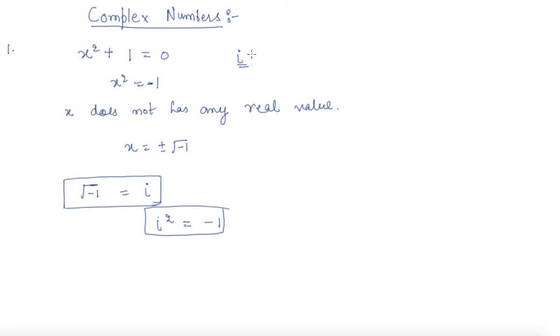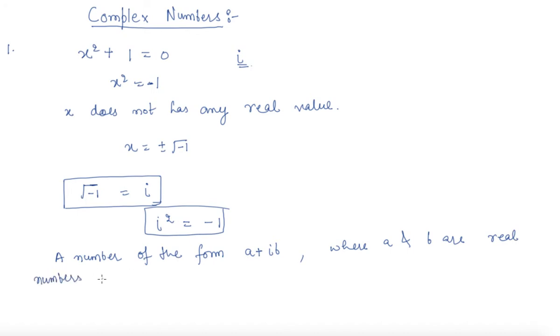So a number of the form a plus iota b, where a and b are real numbers, is defined to be a complex number.